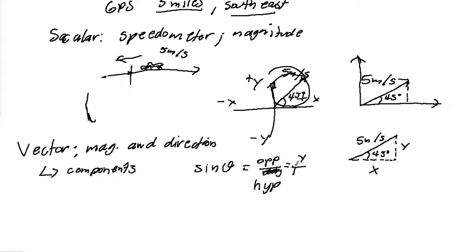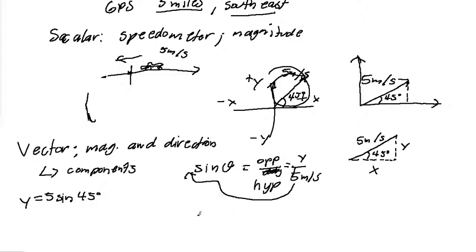In this case, it will be y over 5 meters per second. So in order to find your y component, all you have to do is move this to over here. So now your y component is equal to 5 sine of theta, which in this case we know is 45. That's your y.